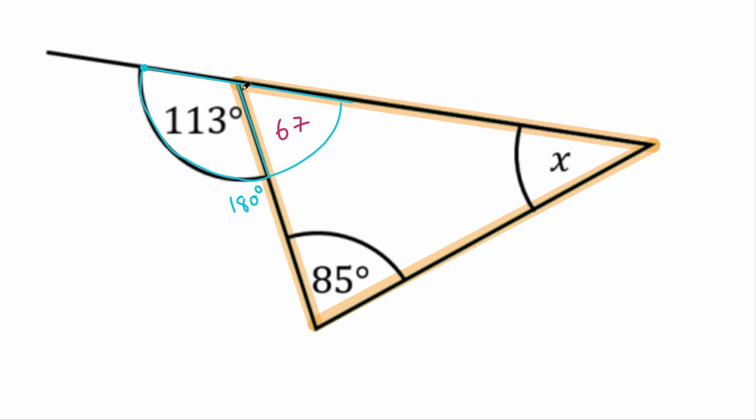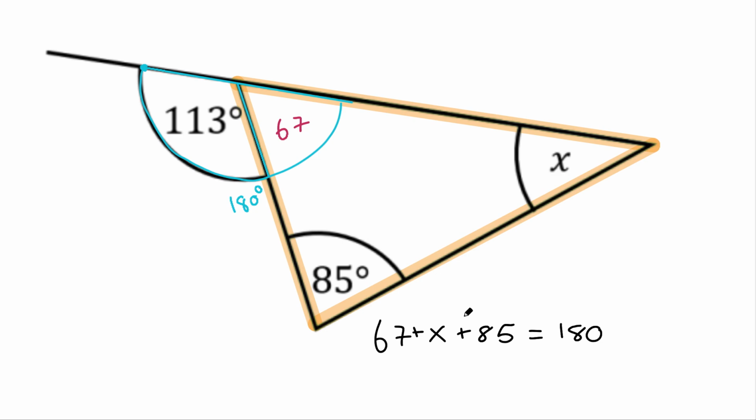If I've got this triangle here, I have 180 degrees inside that triangle. So I know, because it's a triangle, that 67 plus x plus 85 must equal 180. And it's equal to 180 because it's a triangle.